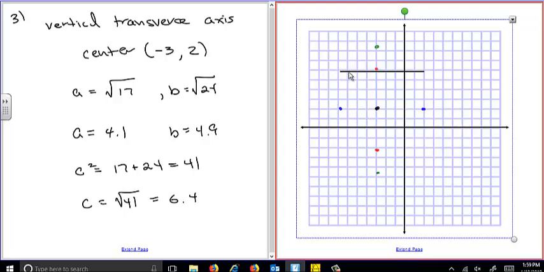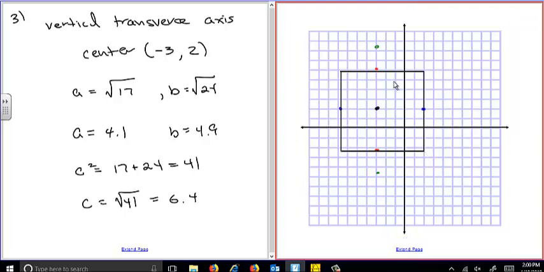So it'll be a little tricky because these points are not on the grid. I'm going to move these just a little bit so that they're at least representative. This one's just a little bit above the grid, so it's 4.1.